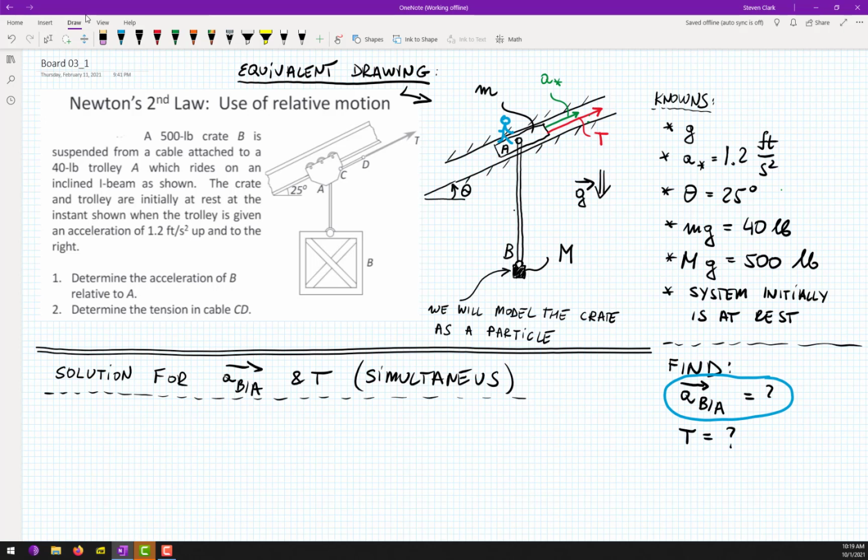I'm not going to surprise you guys that I'm going to start with FBD and KD. And since we have two masses, we are going to draw it twice. Let's write that: we have two masses, we should draw two FBDs.